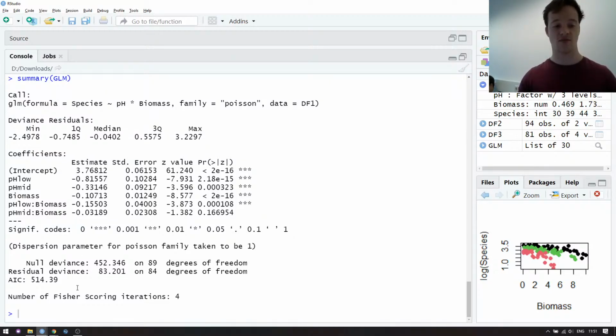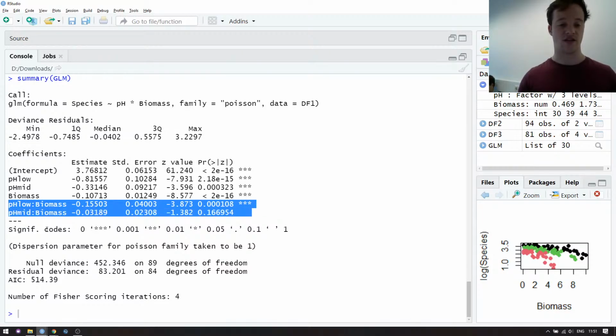All of this is the same as before, except that now we use a little bit more degrees of freedom because we have more effects. There's a little bit less residual deviance because we have more explanatory effects, so it will explain more of the deviance. And we have 2 new estimates over here, for the interactions of low biomass and mid biomass.